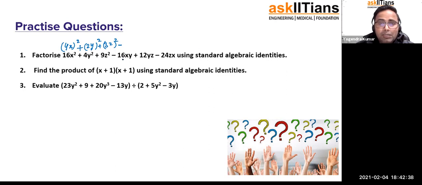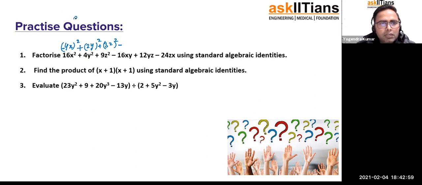Now here minus is there, so you need to be careful. If I write minus here, is there any change? No, there is no change.